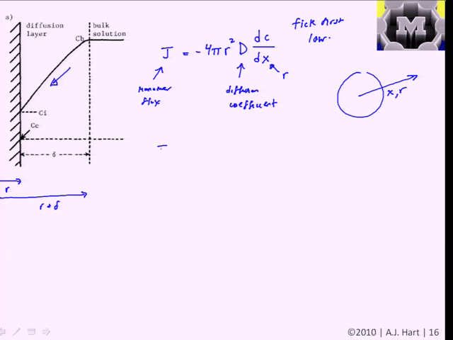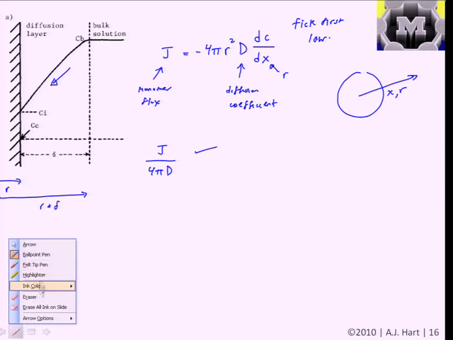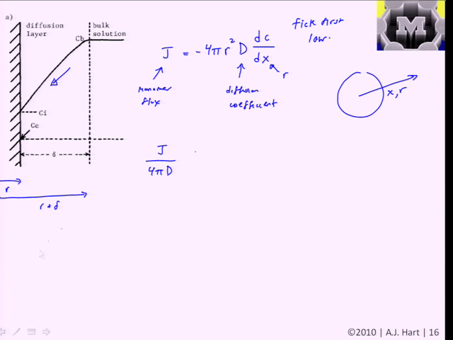So if we reorganize this equation, we have J over 4 pi D on the left side, and dr over r squared. Then on the other side, we just have dC. And we integrate from r to r plus delta. At r plus delta, our concentration is the bulk concentration, and at r, our concentration is the interface concentration.